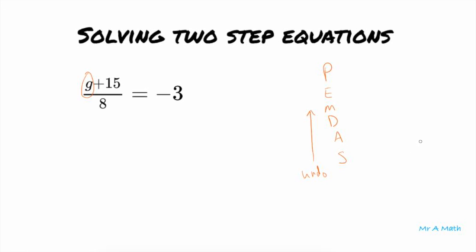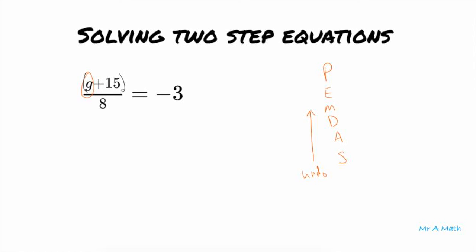What that implies is that I can't split up this g plus 15 until I deal with this divided by 8. Sometimes people will just subtract 15 from both sides, but what they don't realize is that when you subtract 15, you're not getting rid of this 15, because this is actually 15 divided by 8. So I cannot subtract 15 until I get rid of this divided by 8, because the whole thing is being divided.